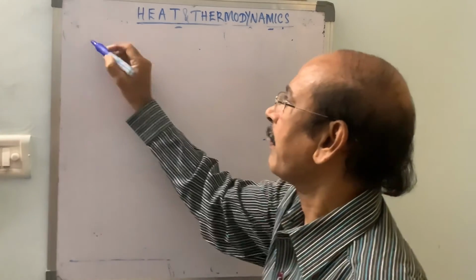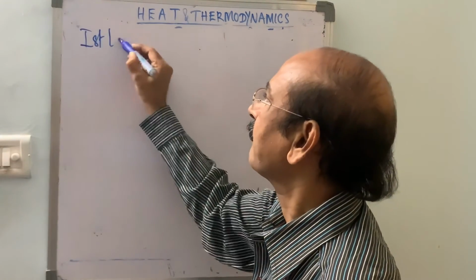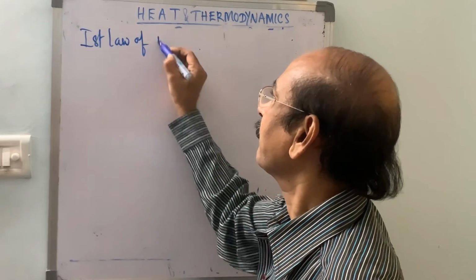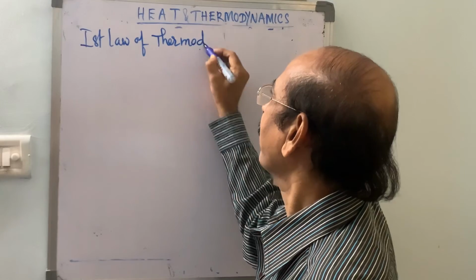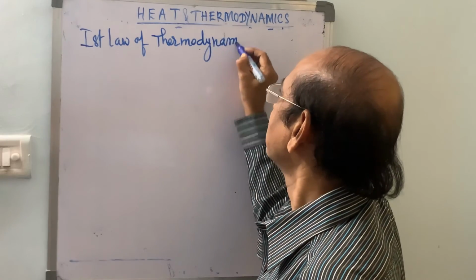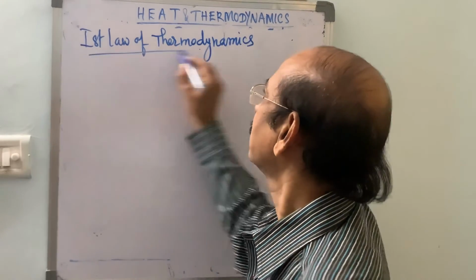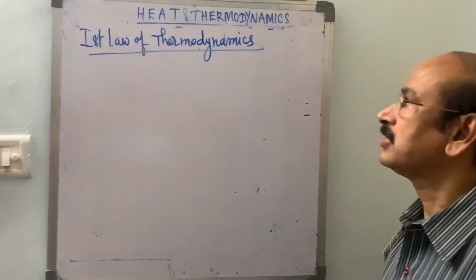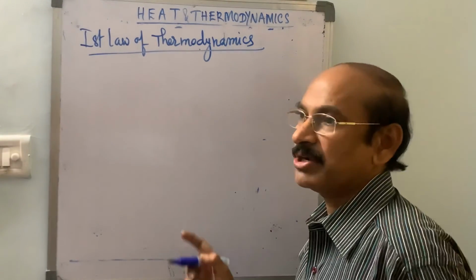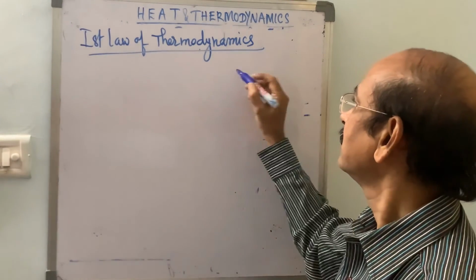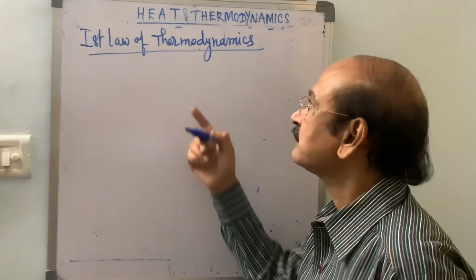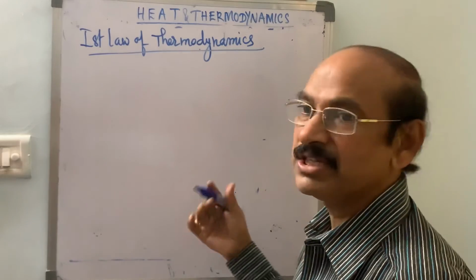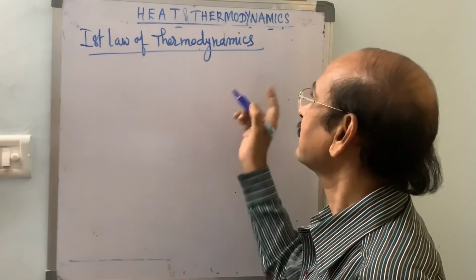Therefore, this is nothing but the law of conservation of energy. It is equal to W equal to JH. So whenever heat is produced, some work is done.